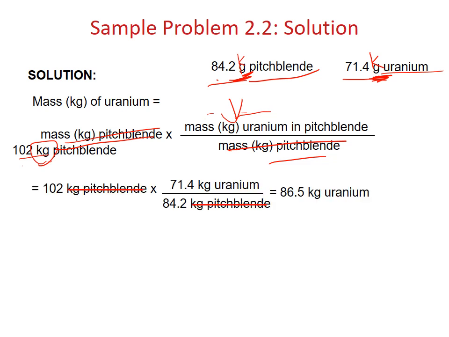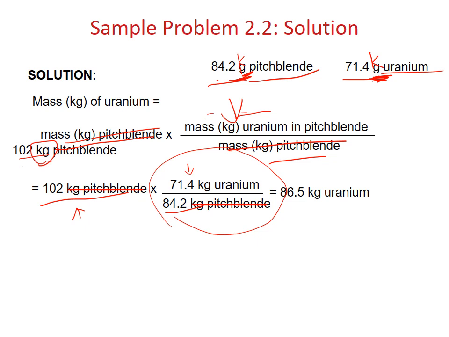So here is the equation. We start with 102 kilogram pitchblende, from the larger sample, and from the small sample we have this ratio, which is 84.2 kilogram pitchblende contains 71.4 kilogram uranium.